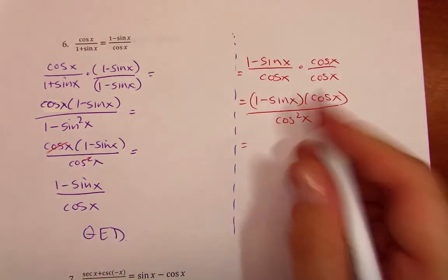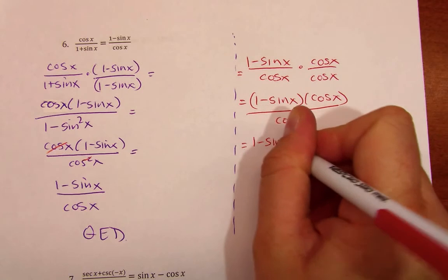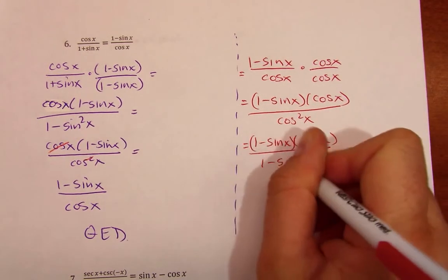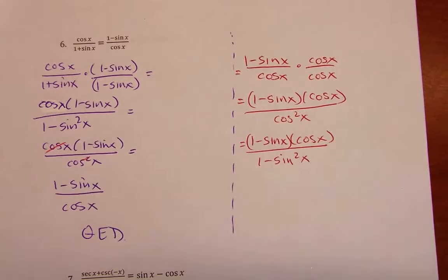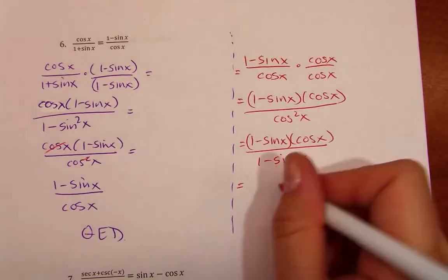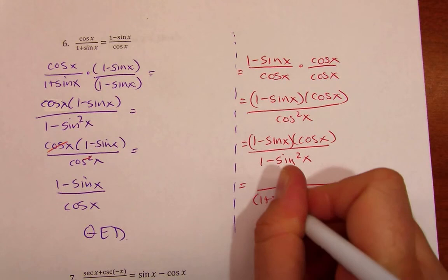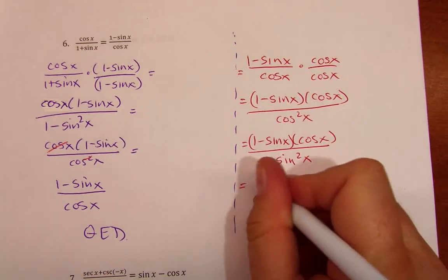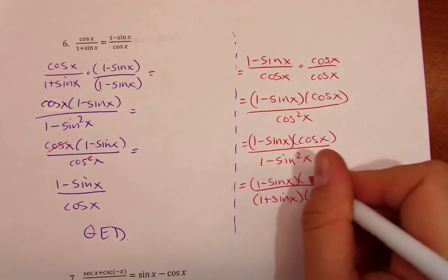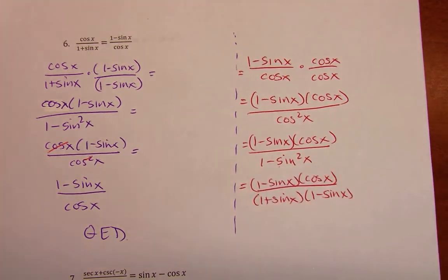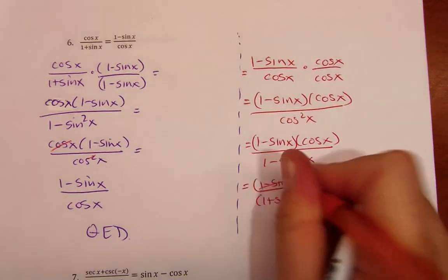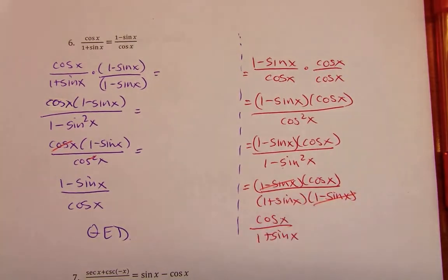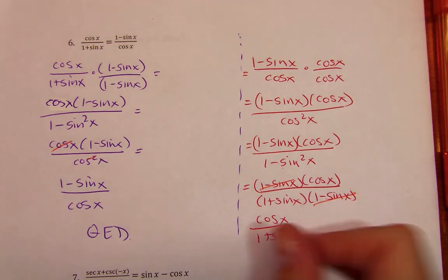And I can replace this cosine squared x with 1 minus sine squared x. And this is a difference of perfect squares. I can rewrite that as 1 plus sine x, 1 minus sine x, 1 minus sine x, cosine x. And then we see that these cancel, and I have cosine x over 1 plus sine x. And that's what we were looking for.